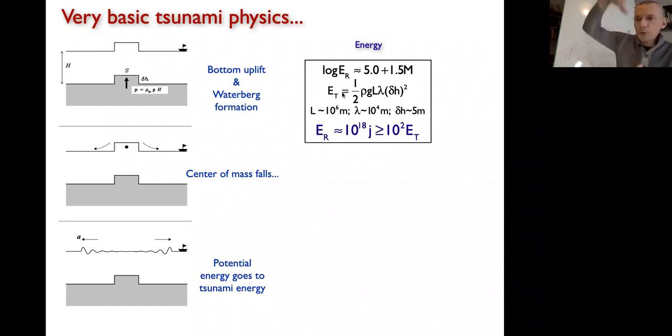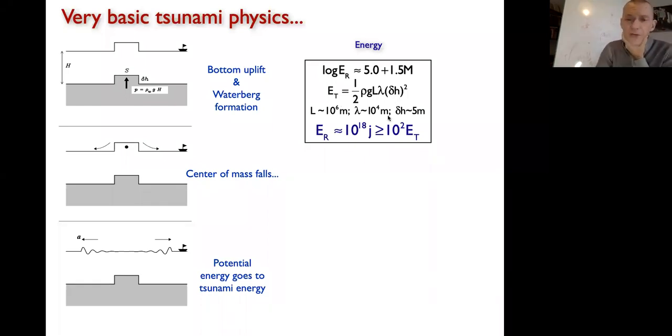Well, let's compute the gravitational energy. L could be the length of a fault. Lambda could be the width of the surface interested by this uplifting of the bottom. Rho g is, of course, related to the gravitational energy, and delta H is the average height there.